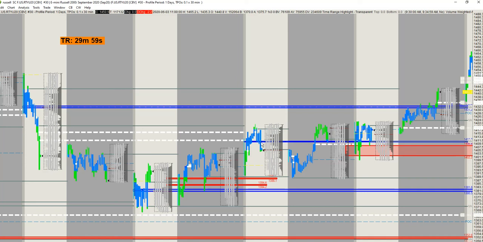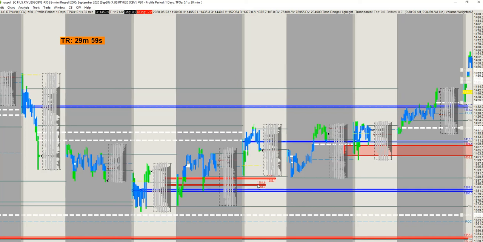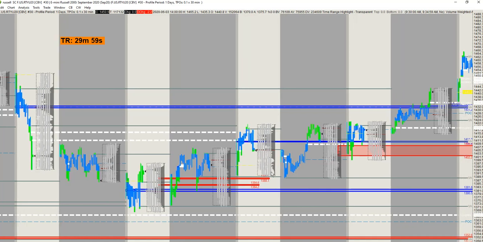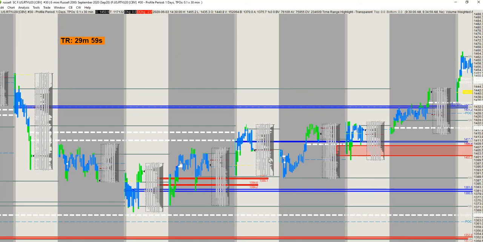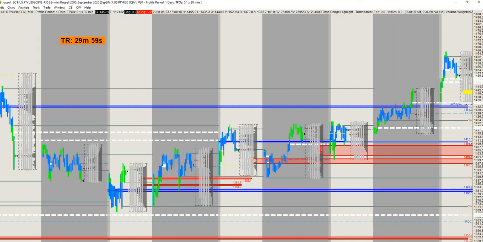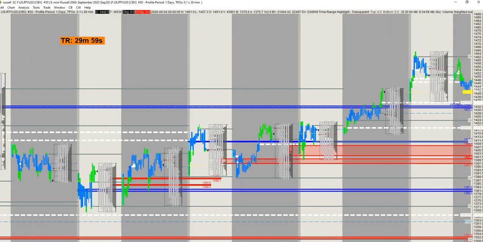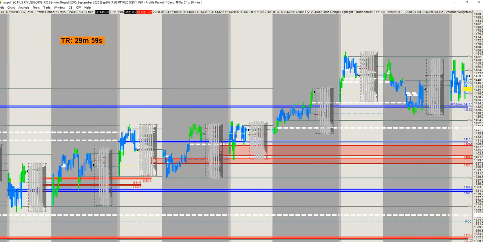And coming from the previous day, I would say this low volume node comes with the previous day's high here. This is important. If you get rejections at these very key areas, and value never really changed from day to day, although the trend is still on, buyers are still all over this.